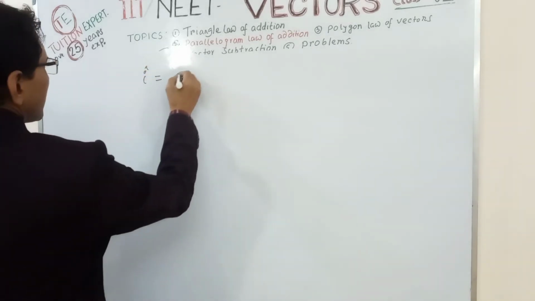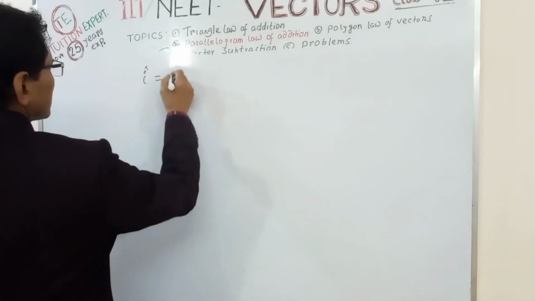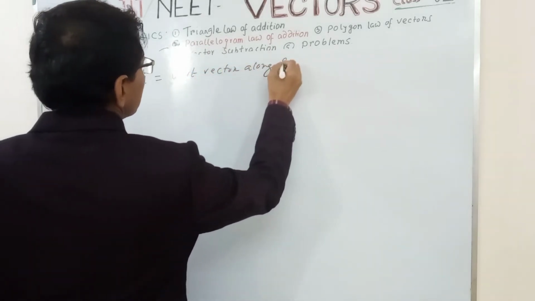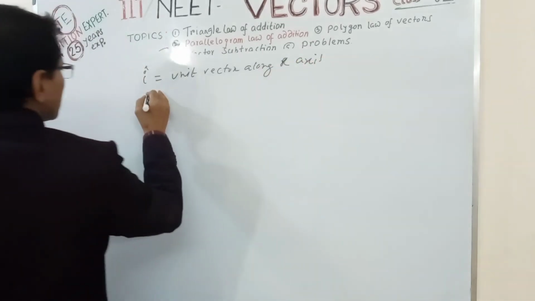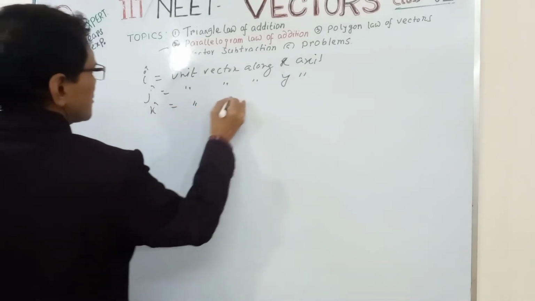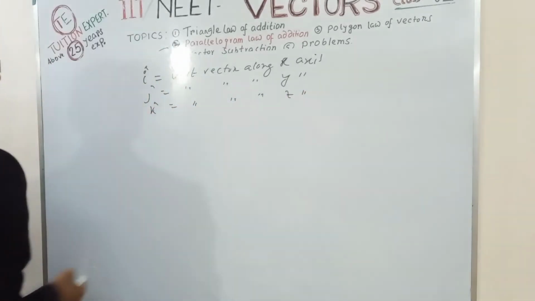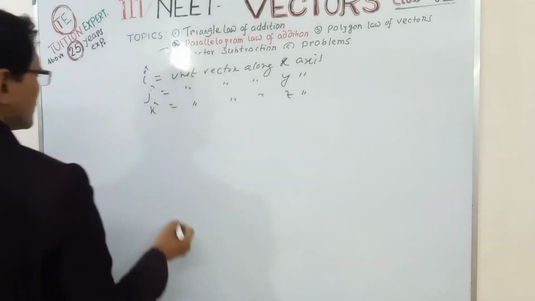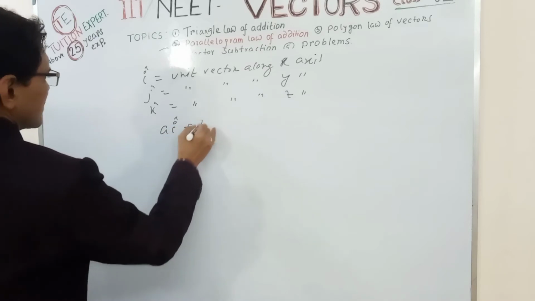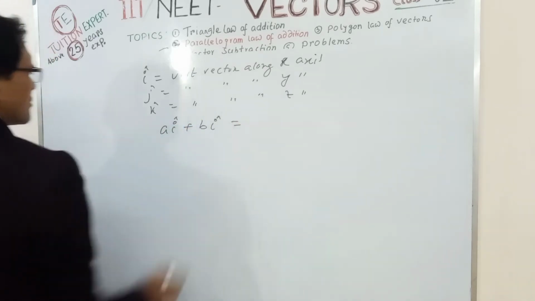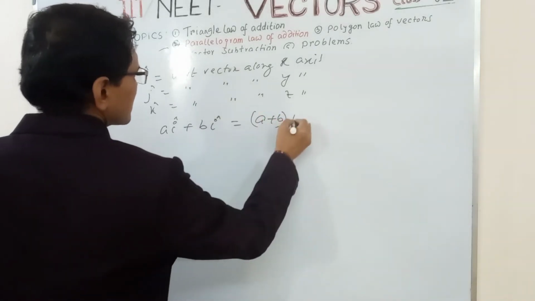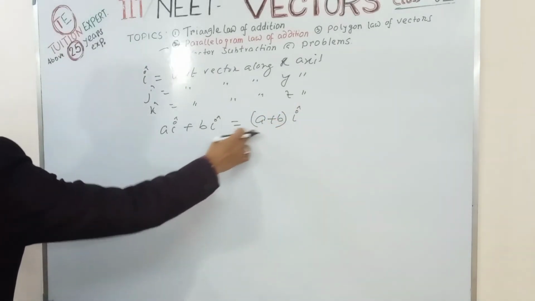Vector i: what is i? i is the unit vector along the x-axis, j the unit vector along the y-axis, and k along the z-axis. Same vectors can be added, because if we take i common, this becomes a plus b.